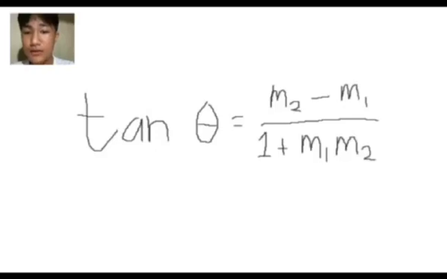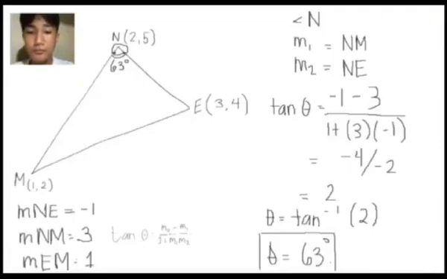After getting all the slopes, we will now use the formula tan theta equals m sub 2 minus m sub 1 over 1 plus the product of m sub 1 and m sub 2. M sub 1 is the initial side and m sub 2 serves as the terminal side.